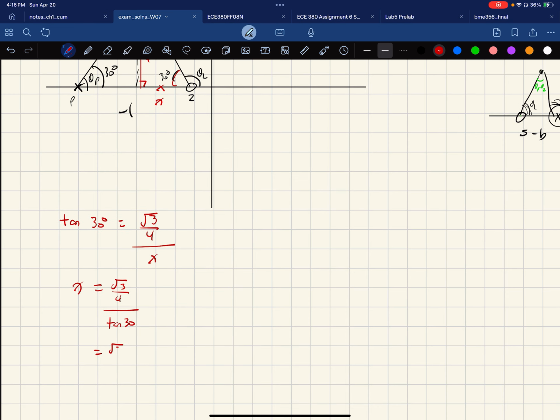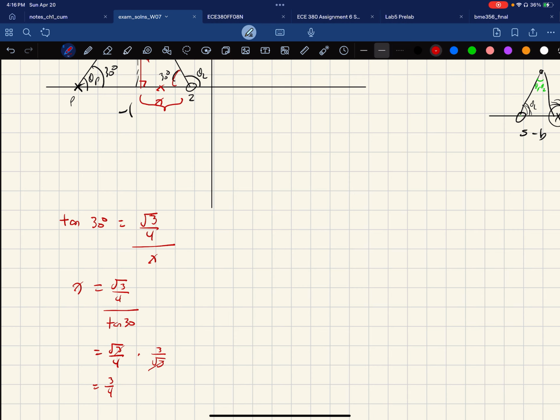So it's √3/4 divided by 1/√3, which means multiplying by √3, which means it's equal to 3/4, right? And you can see that's satisfied: √3/4 times 4/3 is √3/3, and that's tan of 30, and that makes sense.